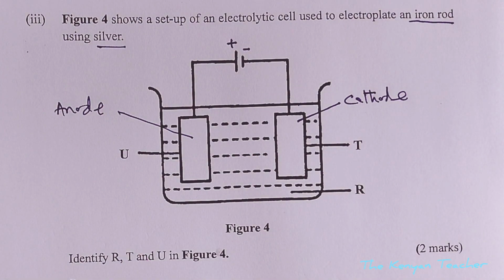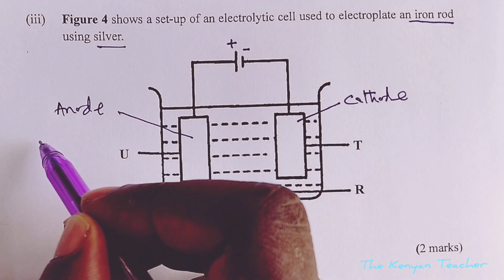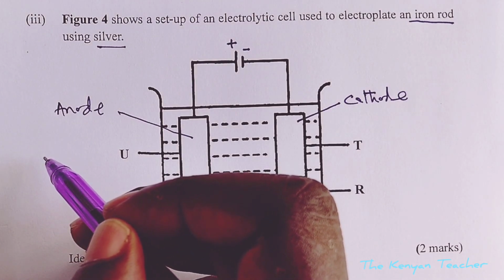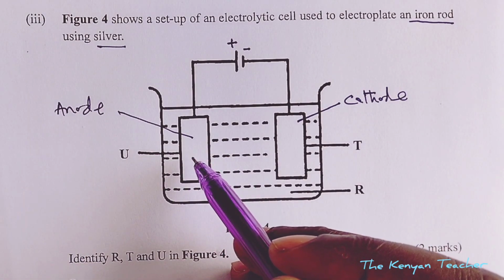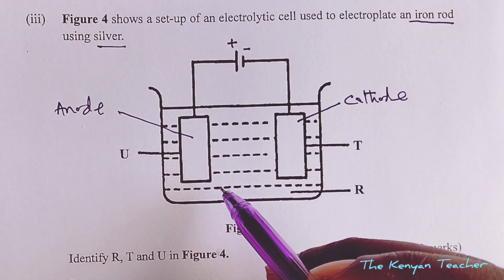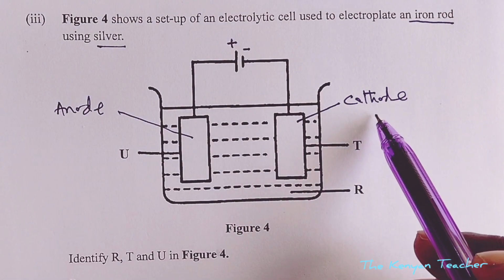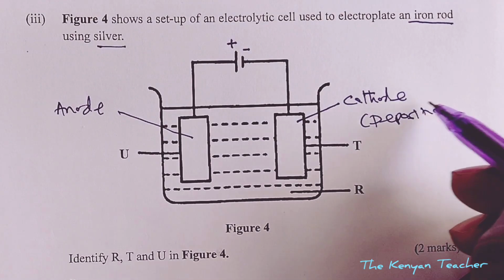The next piece of information that candidates should know is that at the anode, we usually have erosion. This electrode normally erodes. It is oxidized and goes into solution in form of ions. At the cathode, this is where we have deposition.